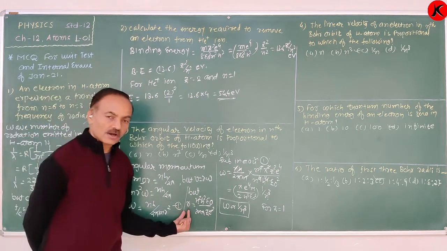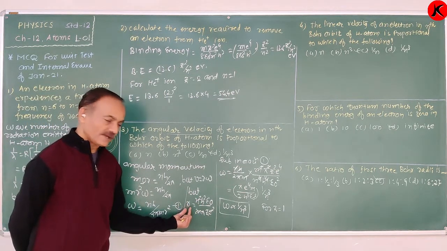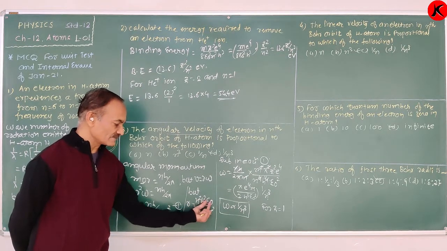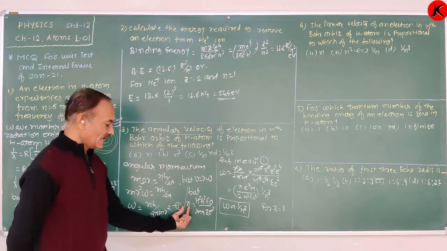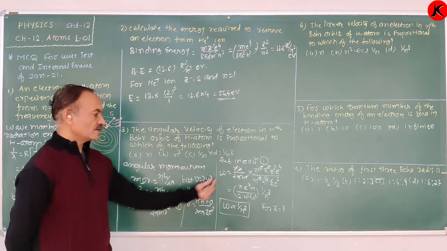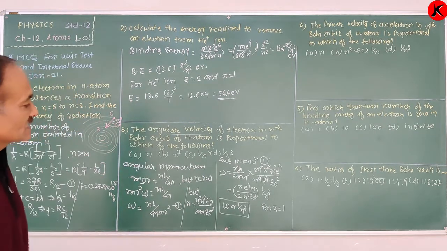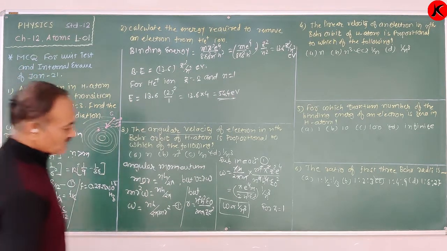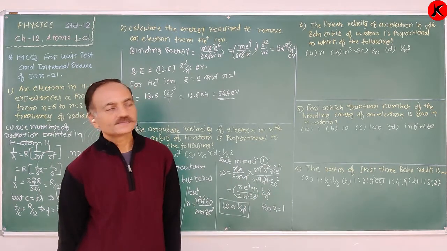But the Bohr radius of nth orbit r is equal to n square epsilon 0 upon m pi z square. Making the square of r and substituting here, we obtain this. Therefore angular velocity of an electron is inversely proportional to n cube.